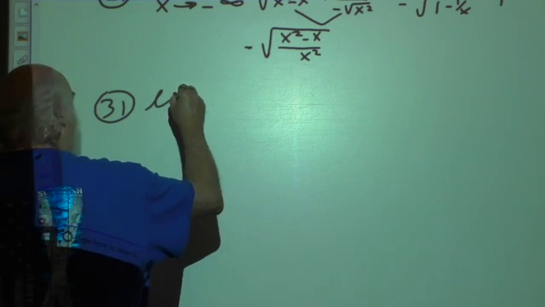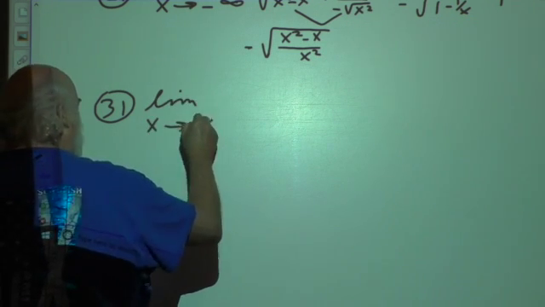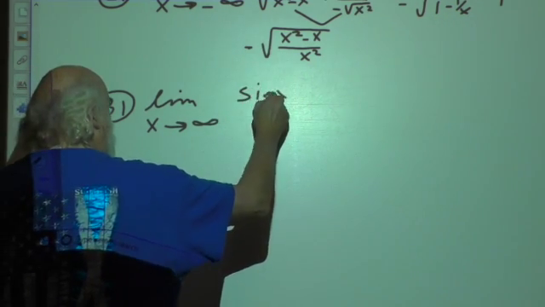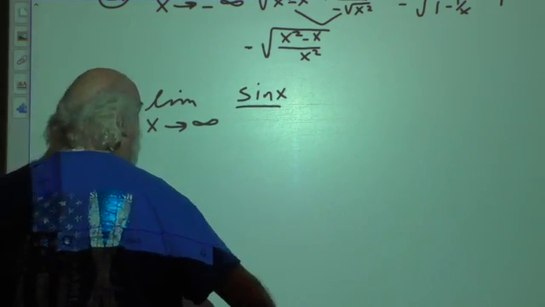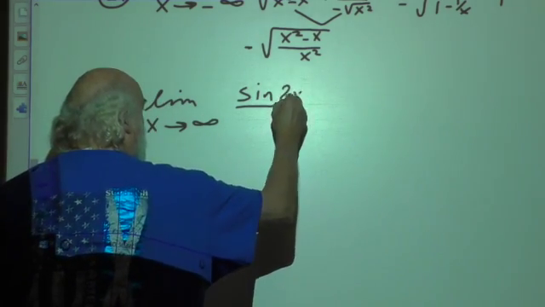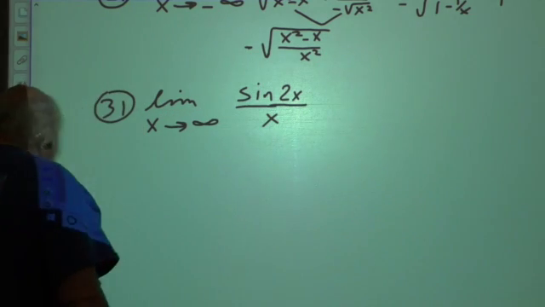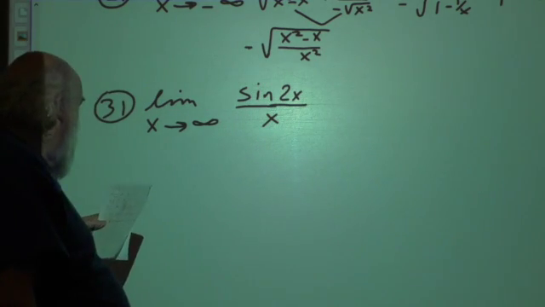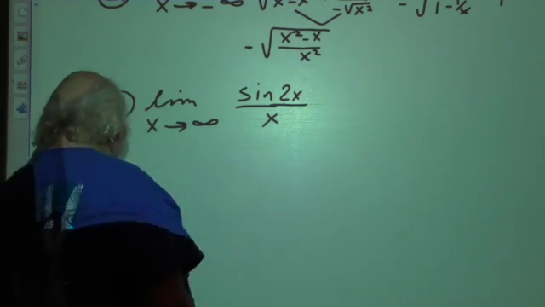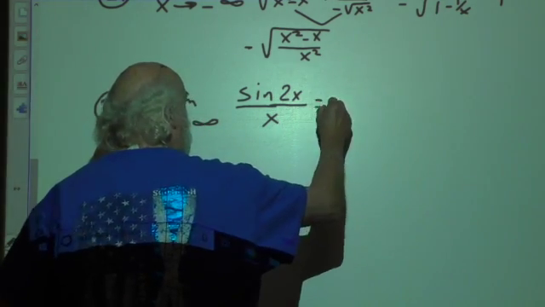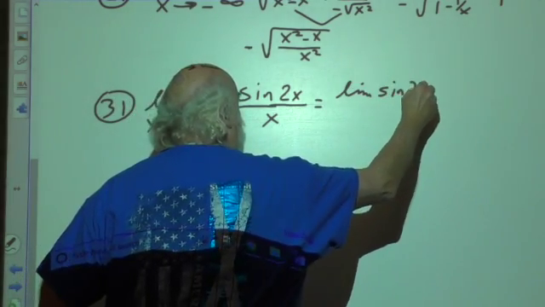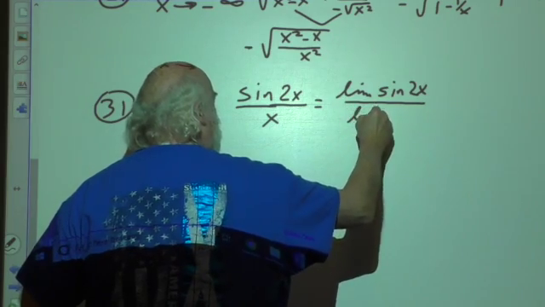The limit, as x approaches infinity, of sine of 2x over x. Okay? So, we're going to be looking at the limit of sine of 2x over the limit of x.